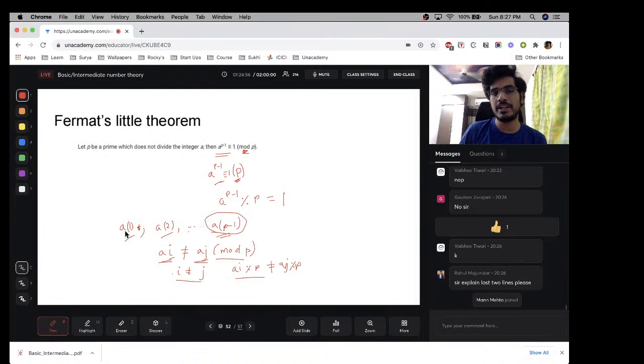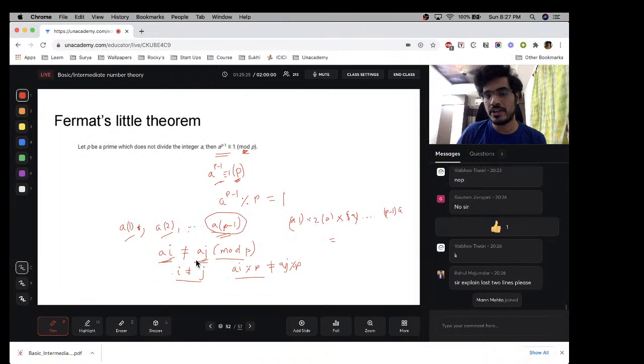Then let's try to multiply all these numbers. 1A into 2A into 3A, so on up to p minus 1 into a.